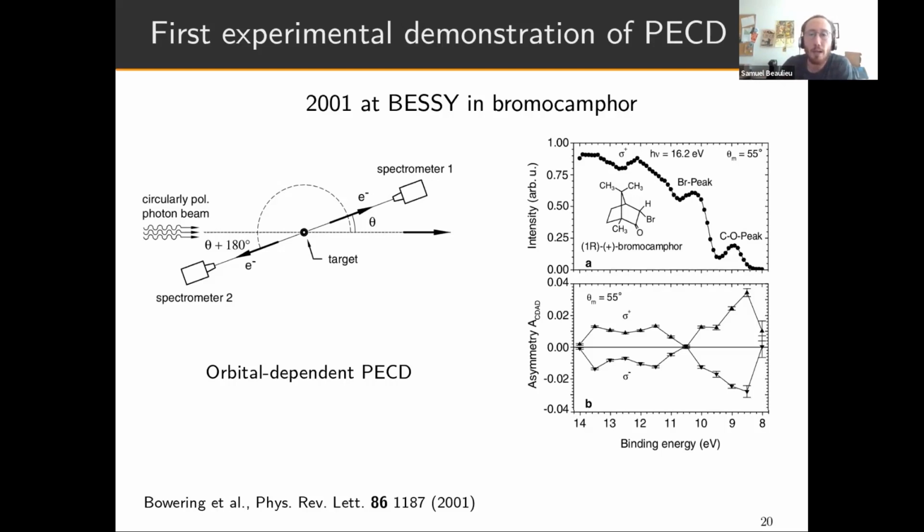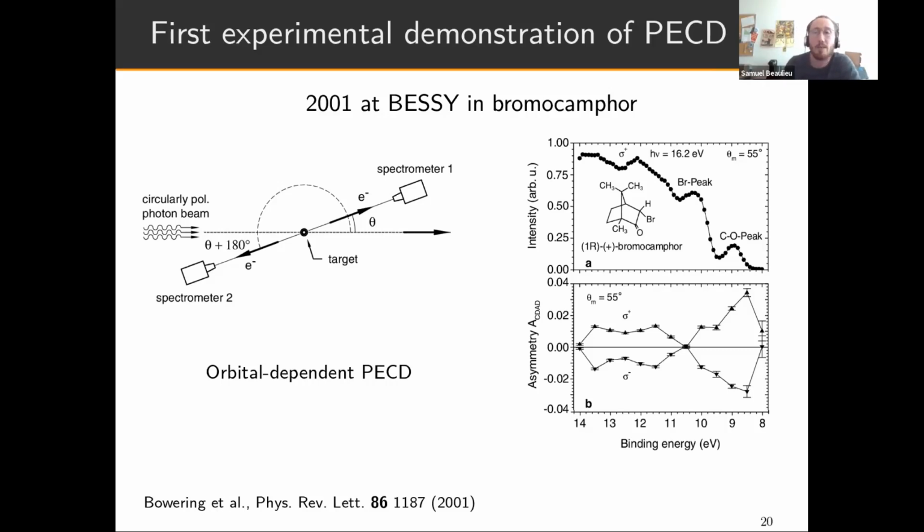If you look at the asymmetric part of the signal, we can see a strong binding-energy-dependent asymmetry, which reverses sign when switching the helicity of the light, going from sigma plus to sigma minus, right and left circularly polarized light. This sign flip is the hallmark of PECD.